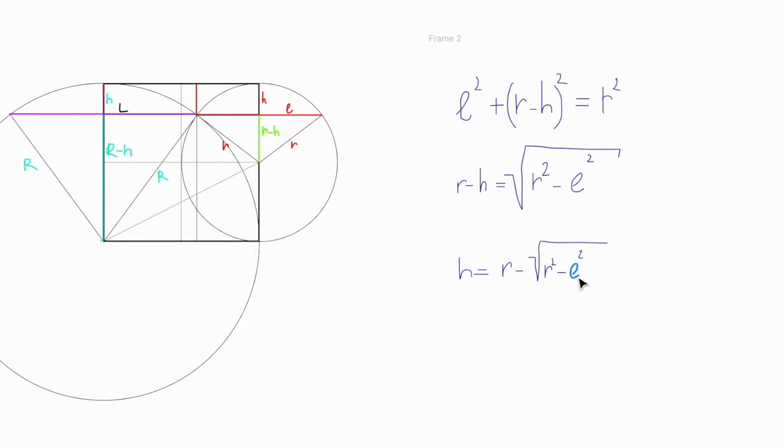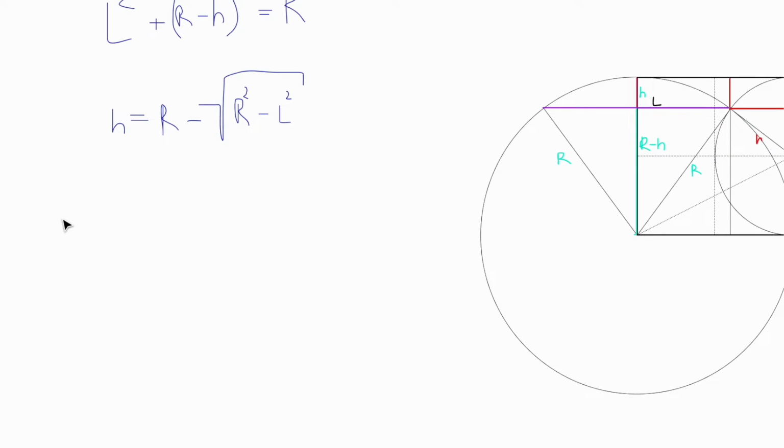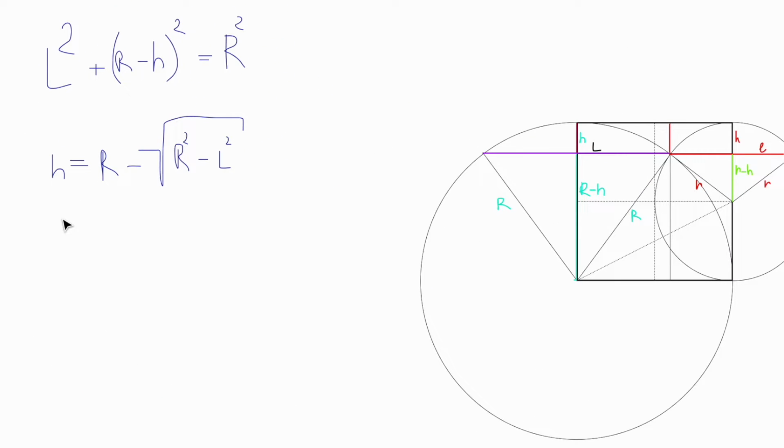That's precisely why we also consider the large circle. Here it is all the same. Large L squared and large R minus h squared.